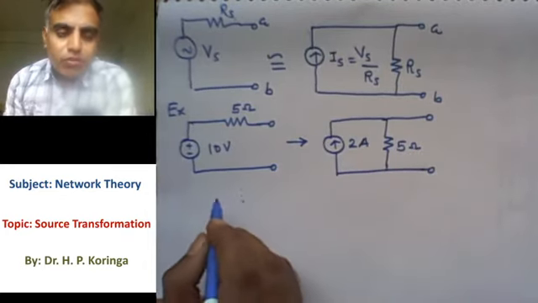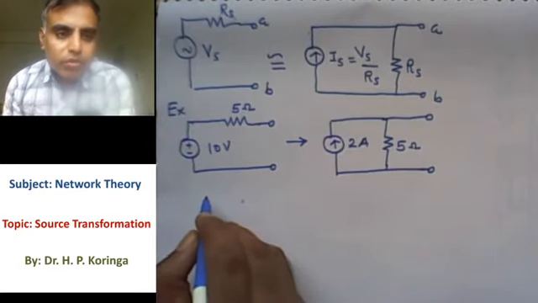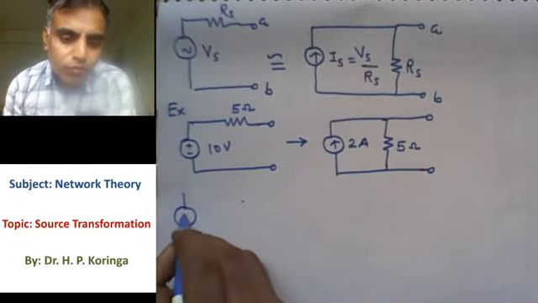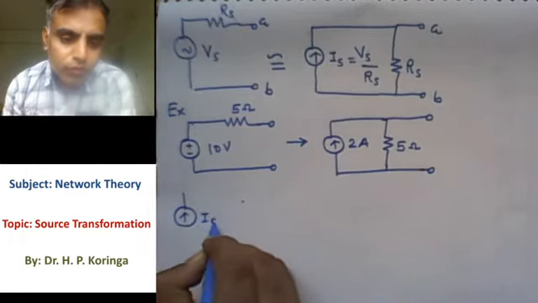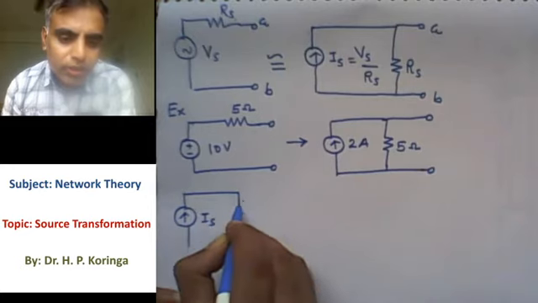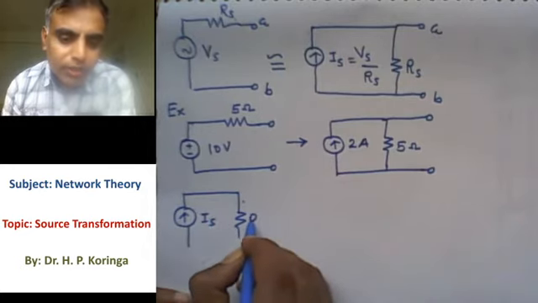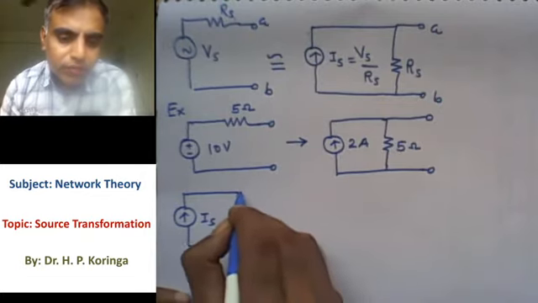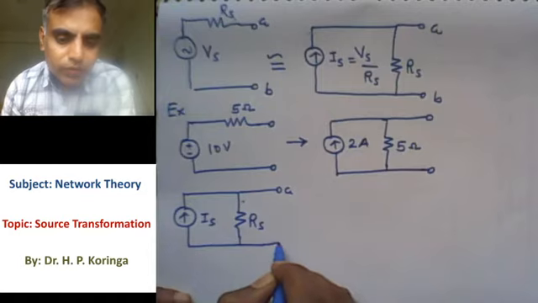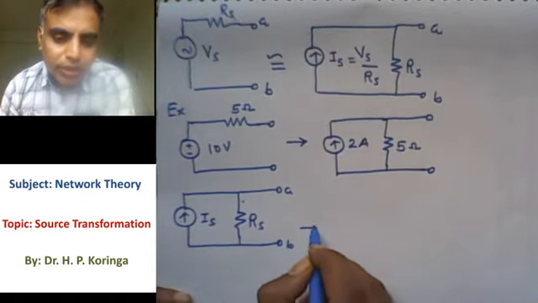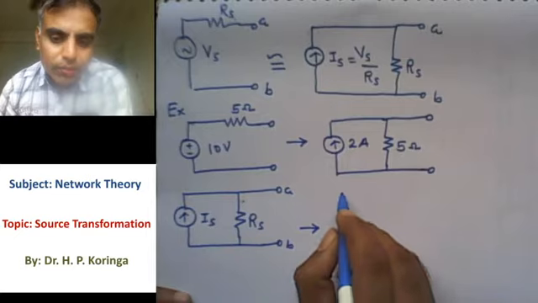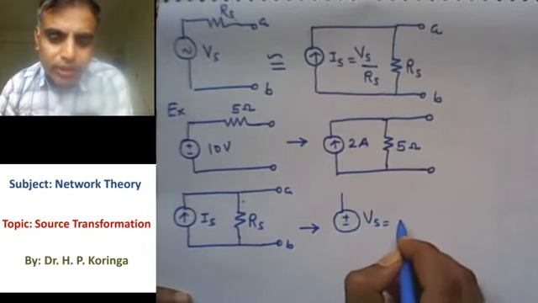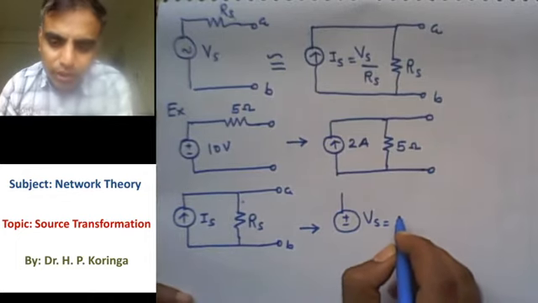So vice versa is also possible: converting a current source into a voltage source. If we have any current source with its internal resistance in parallel, it converts into a voltage source whose value Vs is equal to current multiplied by resistance, according to Ohm's law.